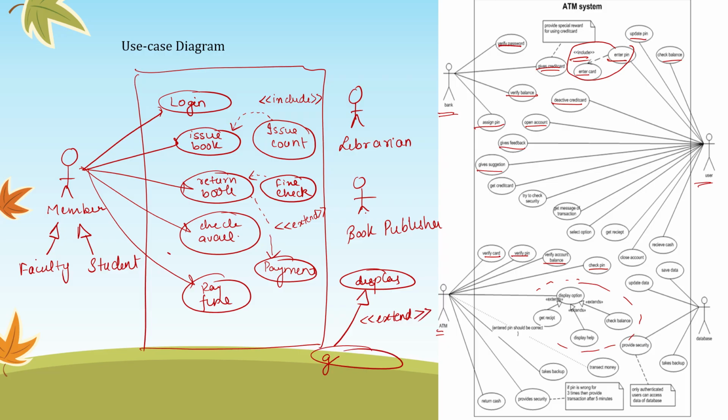You can get your receipt, but getting receipt is optional. As we all know, you can display help or check your balance. Similarly, you can do that for a third party also. So do refer to the right hand side diagrams also, because the left hand side diagrams are easy and simple for your explanation.